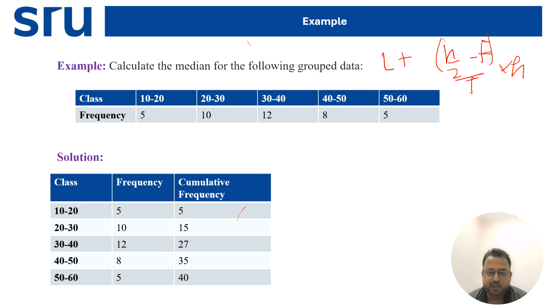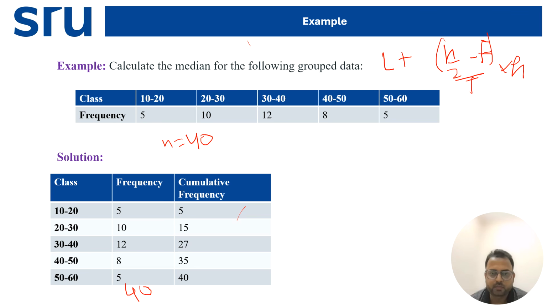So how to find the median class? First we take the sum of all frequencies: 5 plus 10 is 15, 15 plus 12 is 27, plus 8 is 35, plus 5 is 40. So the sum is 40, n is 40.